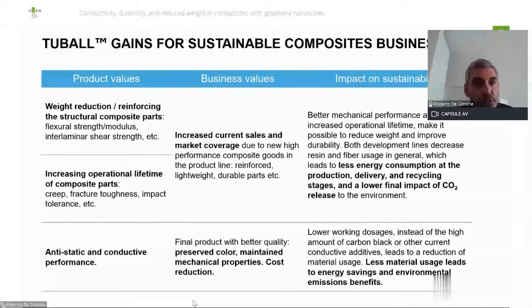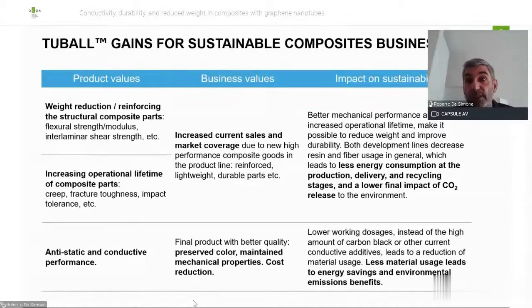We are able to improve some specific properties like flexural strength, interlaminar shear, creep resistance and fracture toughness. We are also able to enhance and prolong, in a certain way, the life cycle of the part.